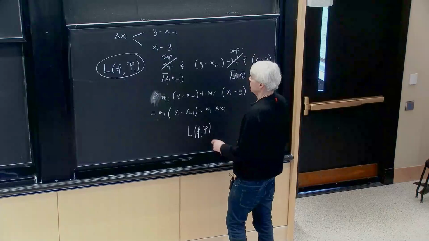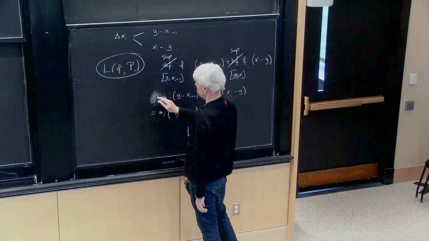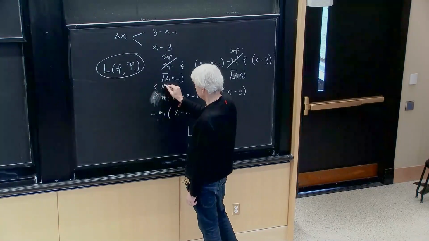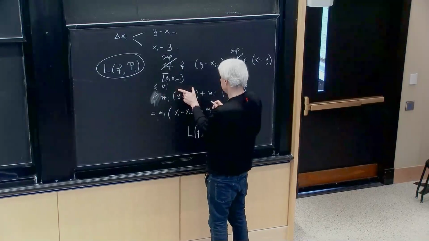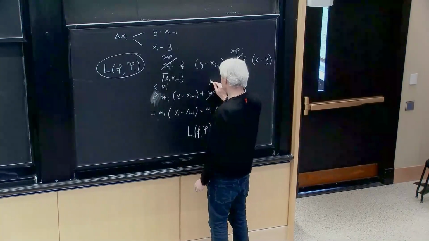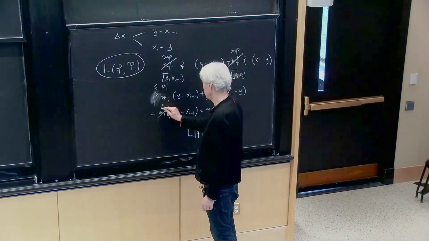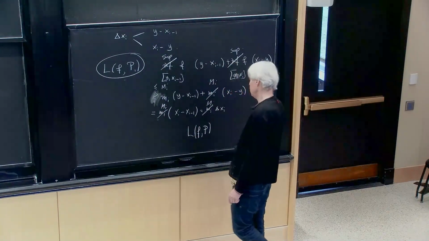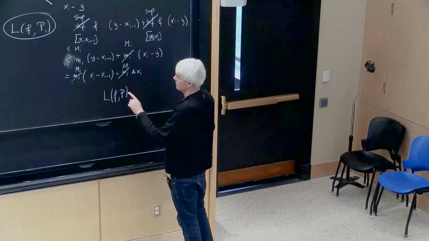But the sup on the smaller interval is less or equal to the sup on the larger interval, so this inequality reverses. This here remains the same, this here again becomes a larger one, so this becomes less than this. And so what you see is that the sup goes down.